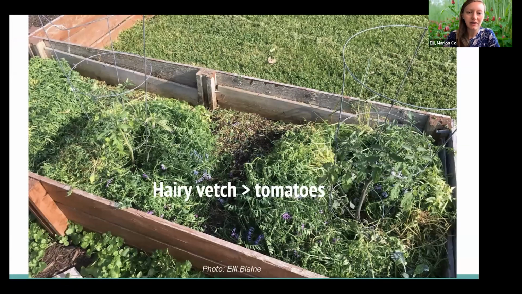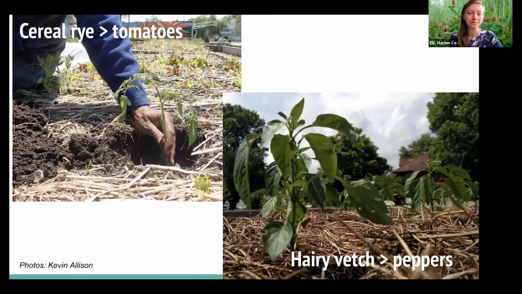With hairy vetch, this was from a few years ago from one of my raised beds where I grew the vetch, and instead of letting it fully die before planting tomatoes, I planted my tomatoes and then just made these rings of the residue around it to help retain moisture, keep the soil covered going through the season, and also provide a little bit of nitrogen from the roots of that growing cover crop, and then the breakdown of it too over time.